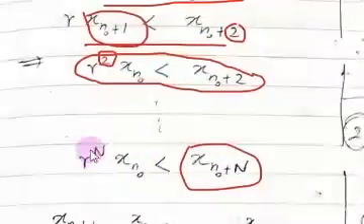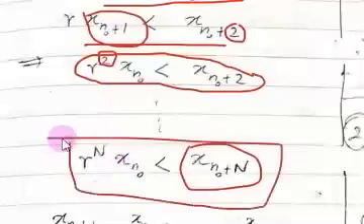Then if you have x sub n naught plus uppercase N, by looking at the pattern you can show that this number is bigger than r to the uppercase N times x sub n naught. This is trivial, right?